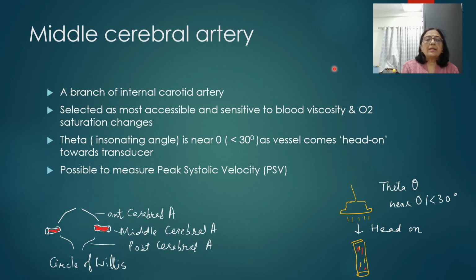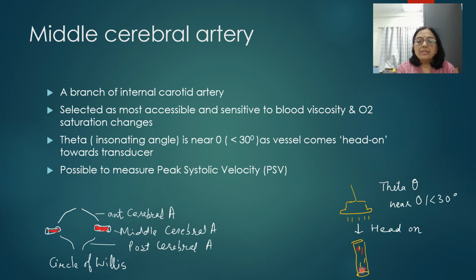Second vessel is middle cerebral artery. It is a branch of internal carotid artery. It is selected because it is the most accessible, and it is sensitive to blood viscosity and oxygen saturation changes. Here, as we have already seen, theta or insonating angle is near zero. It is definitely less than 30 degrees.